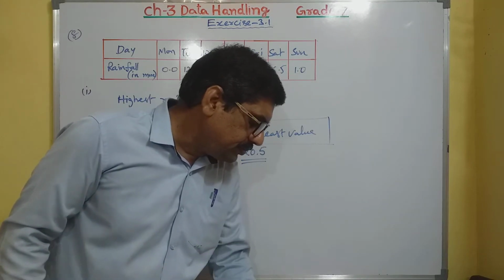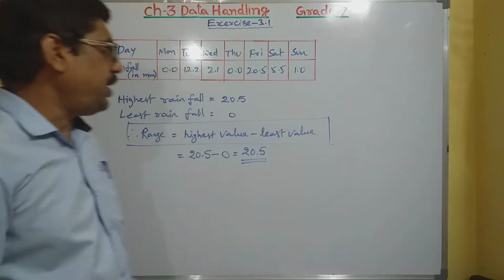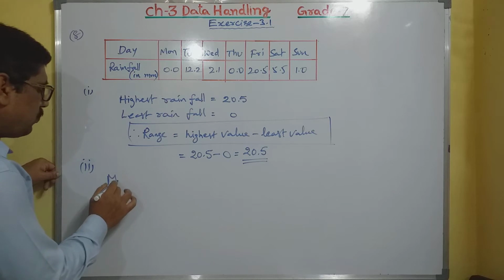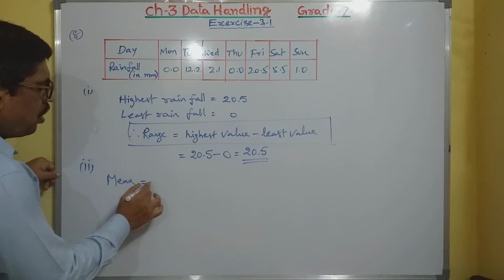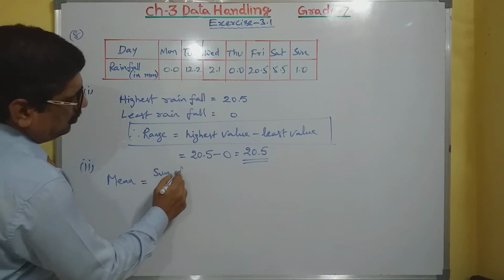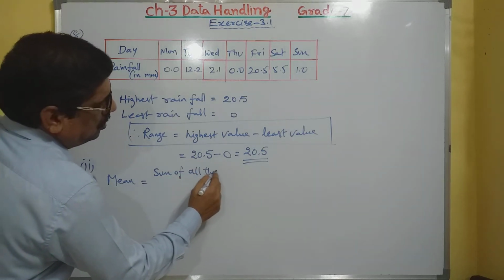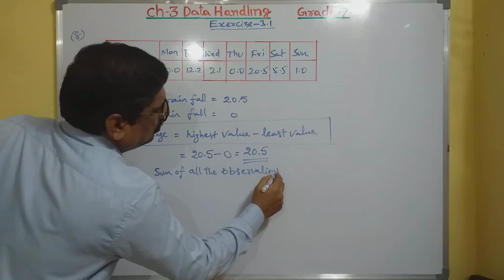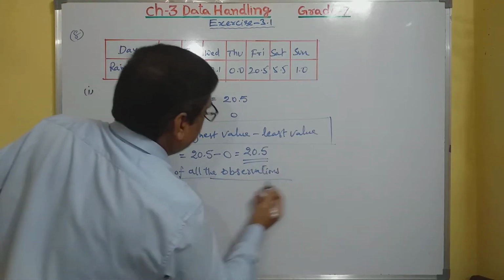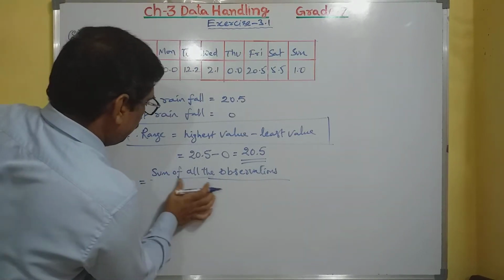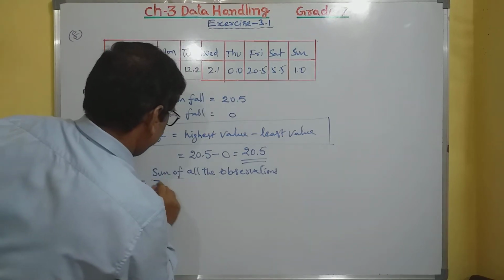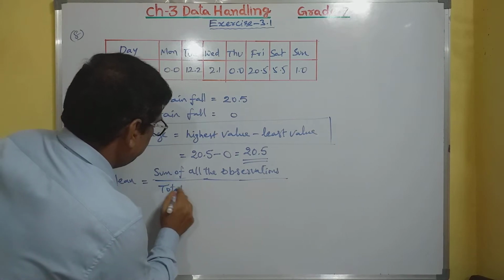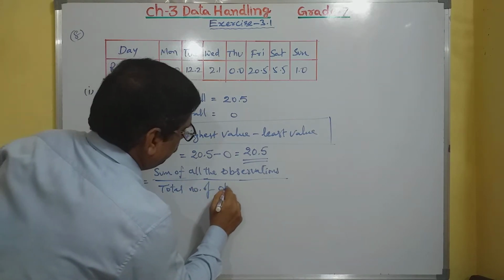Now, the second question from this data is: find the mean rainfall for the week. We need to find the mean. First of all, we need to write the mean formula: sum of all the observations divided by the total number of observations.